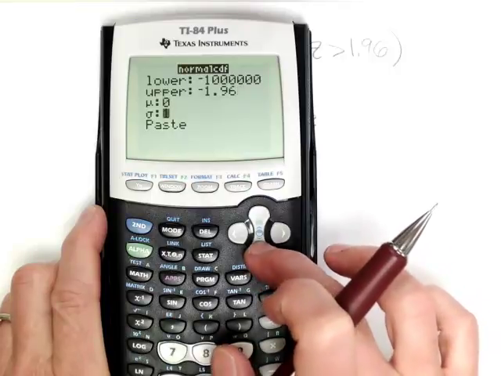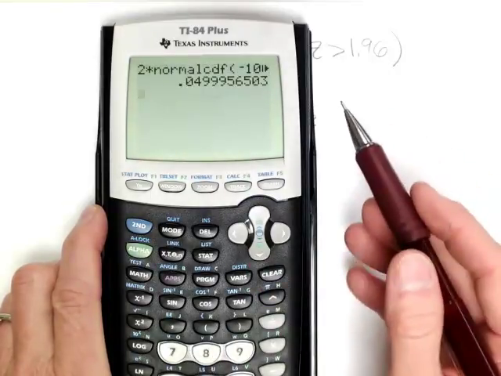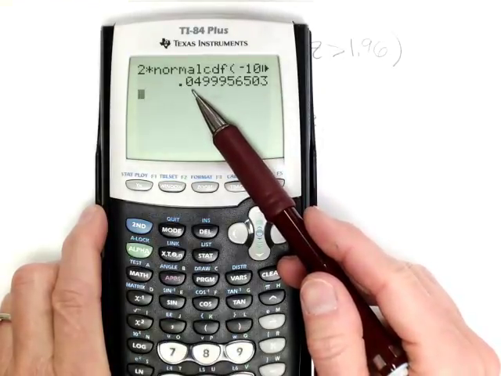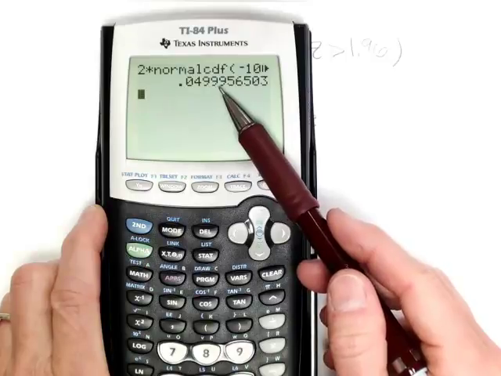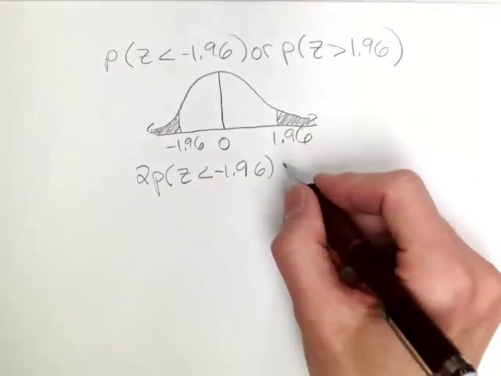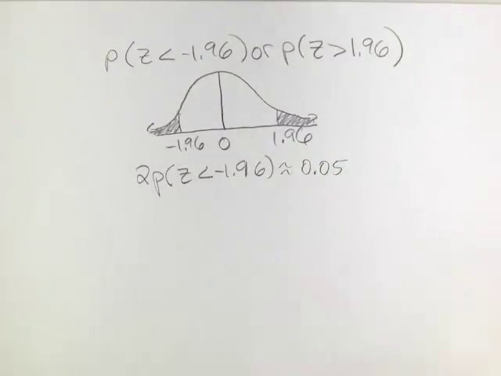And then I can leave mu and sigma alone. Okay, so 2 times that is about 0.049956 and so on. Okay, so this is approximately 0.05.